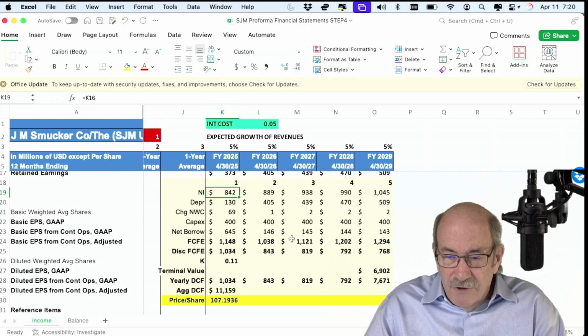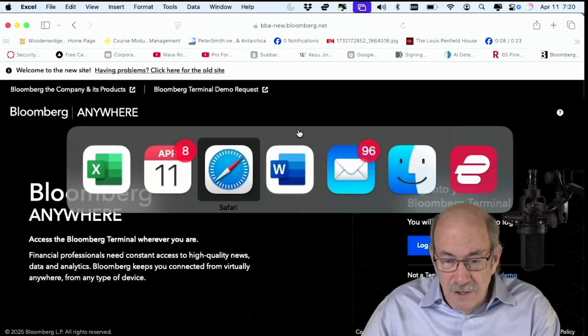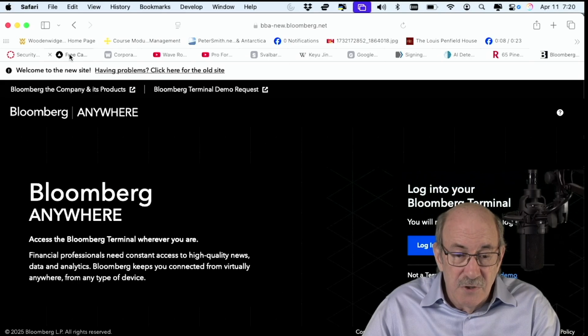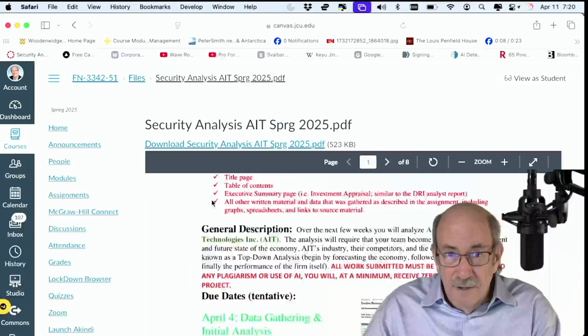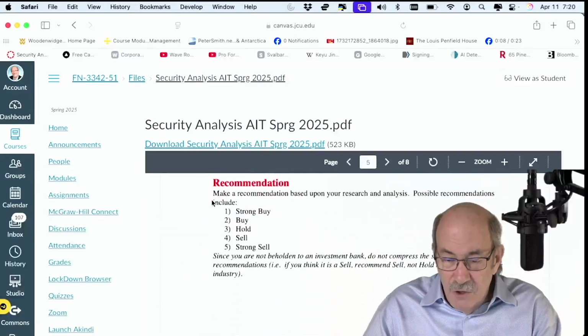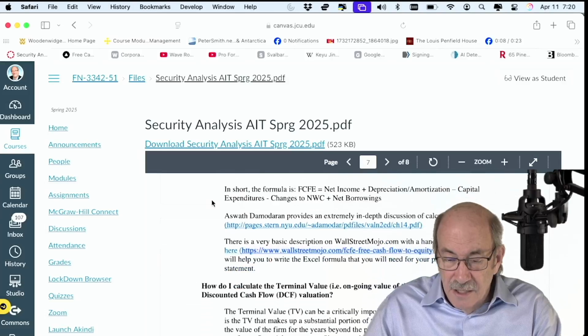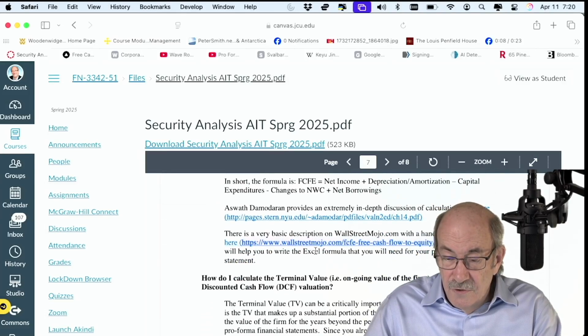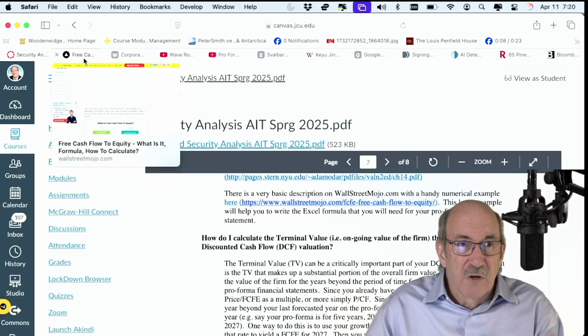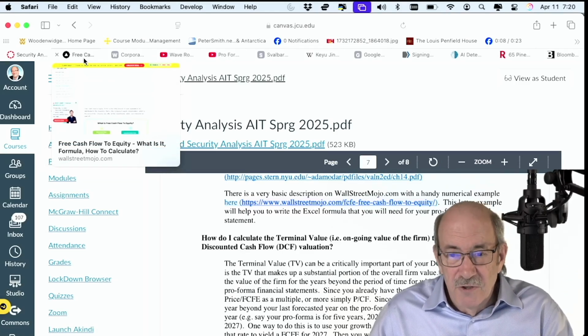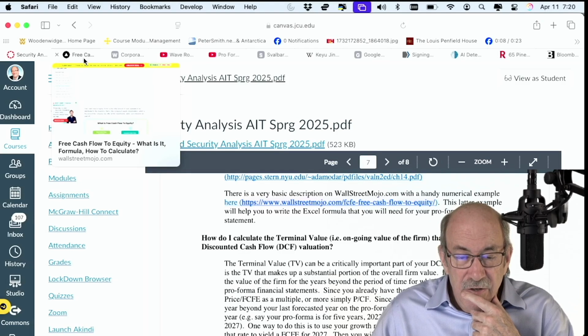All right. So one other reference here that you might find handy is if you go to the modules and open up the assignment, under the FAQs, you will find a link right here to this wallstreetmojo.com website. That website has a bunch of great information about corporate finance and investments in general. It's done by CFA-type folks, and it's really good material.